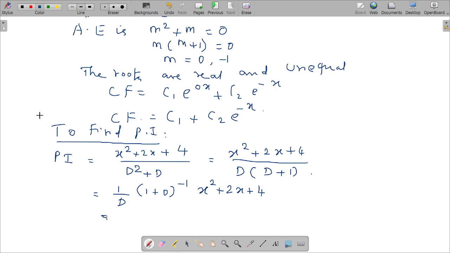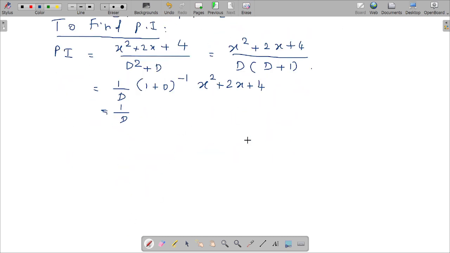How can we expand that? 1 minus D plus D square minus D cube, etc.